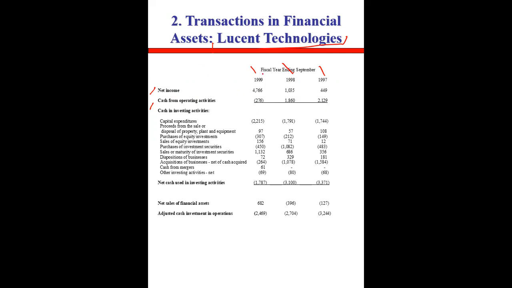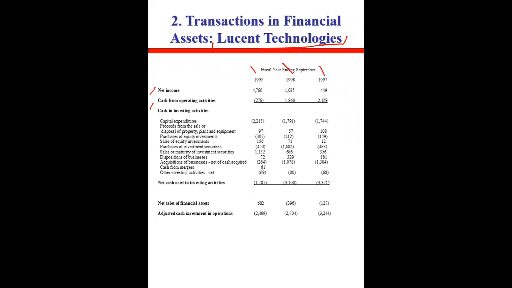In 1999, this company was traded at a price earnings multiple of over 50 times. So you can understand how attractive this company was during 1999, during the period when there was a bubble.